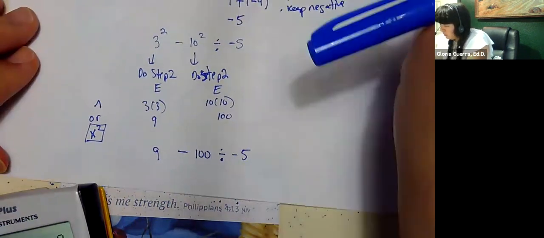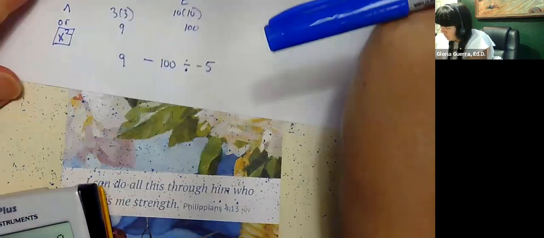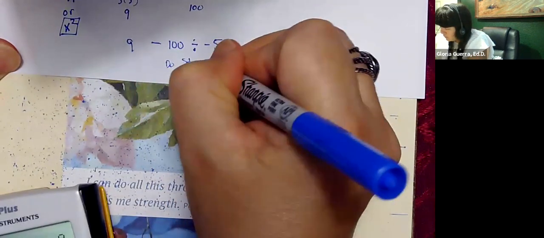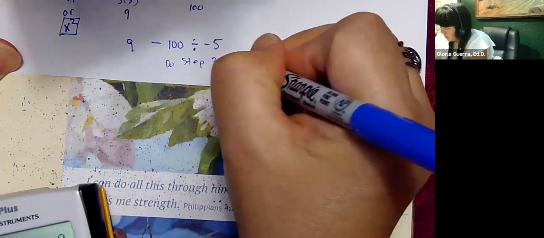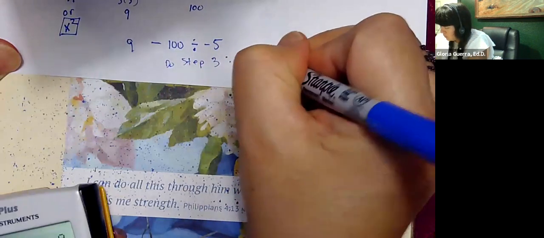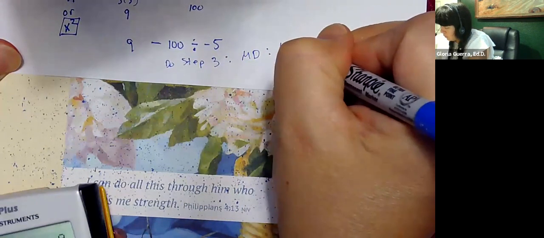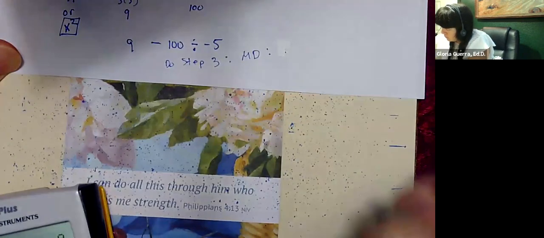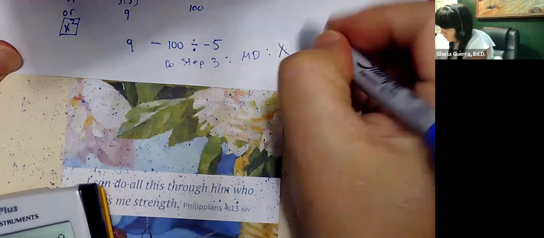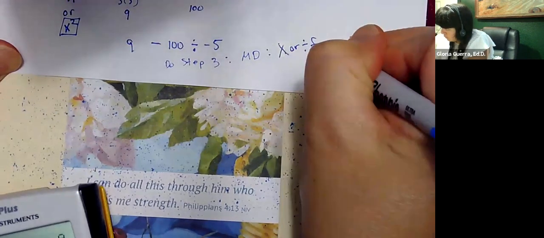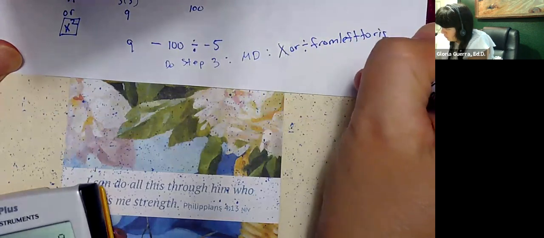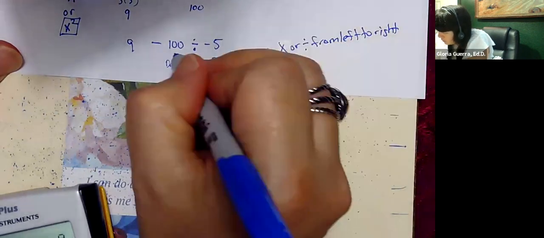Now you're going to do step 3, which is MD, multiply or divide from left to right. Well, you only have the division. You don't have the times in here.